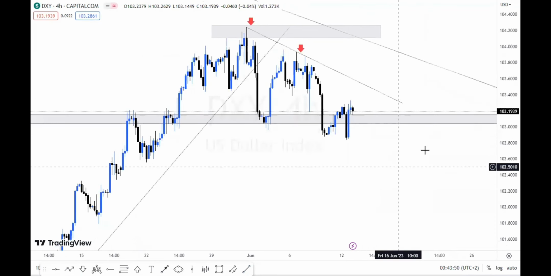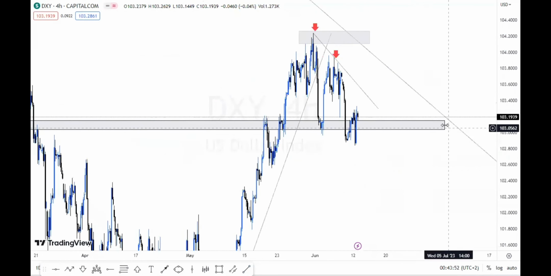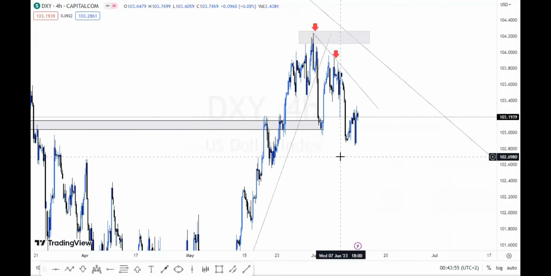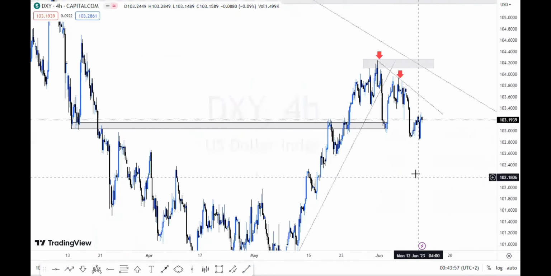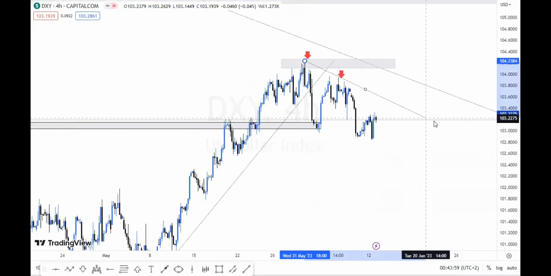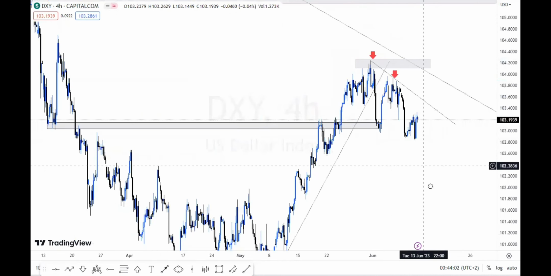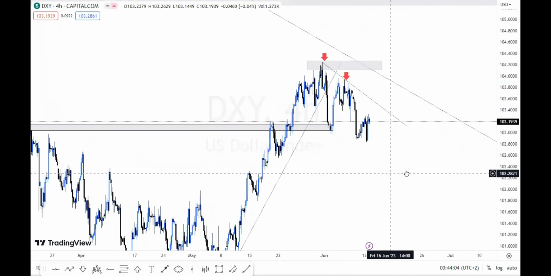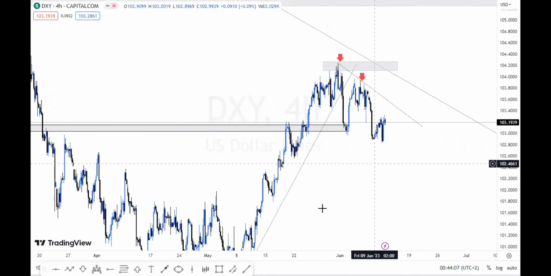So this is the 4 hour, and I'm not gonna lie, so far all I can say is the market is bearish, but there is no setup that I can say I'm looking forward to trading as far as the dollar is involved, unless we get another touch here.